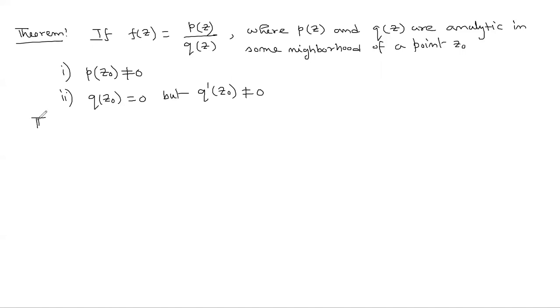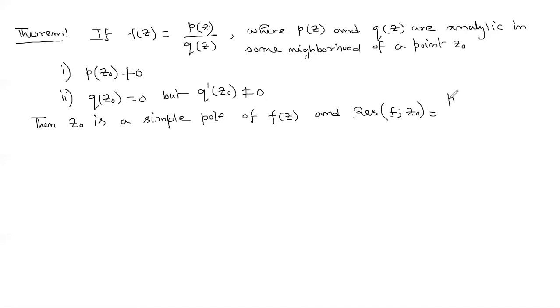Then we say z0 is a simple pole of the function f of z, and the residue of the function f at the point z0 can be calculated from this expression, p of z0 divided by q dashed of z0. Now let us try to apply this theorem.